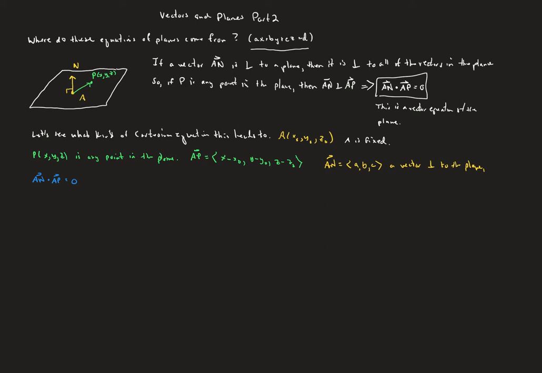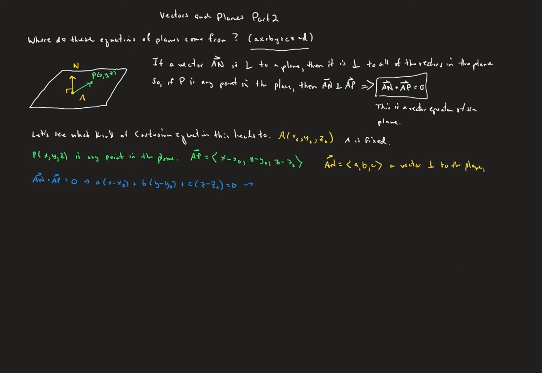So if we take the dot product, we're going to get a times x minus x sub 0, plus b times y minus y sub 0, plus c times z minus z sub 0, must be equal to 0. That's what it means for two vectors to be perpendicular. Their dot product is going to be 0.